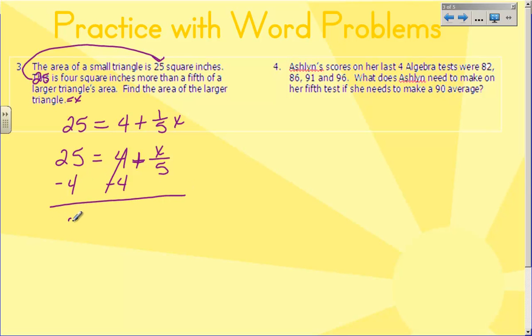What I end up with is 21 = x divided by 5. Then in order to find out what x equals, I have to undo division, which takes multiplication. So I'm going to multiply by 5 on both sides. And when I do that, I get that the area of the larger triangle is 105 square inches.